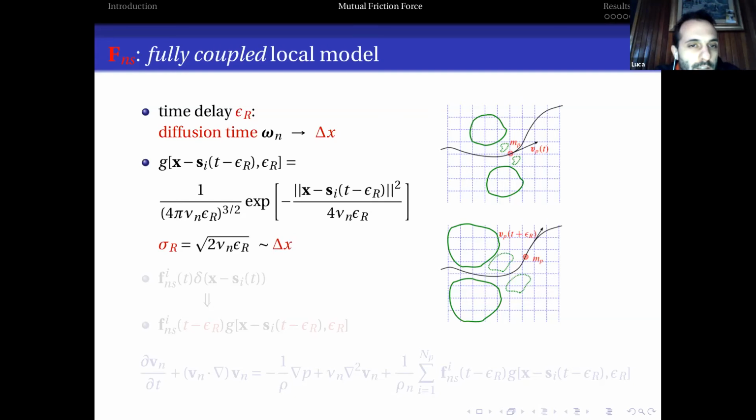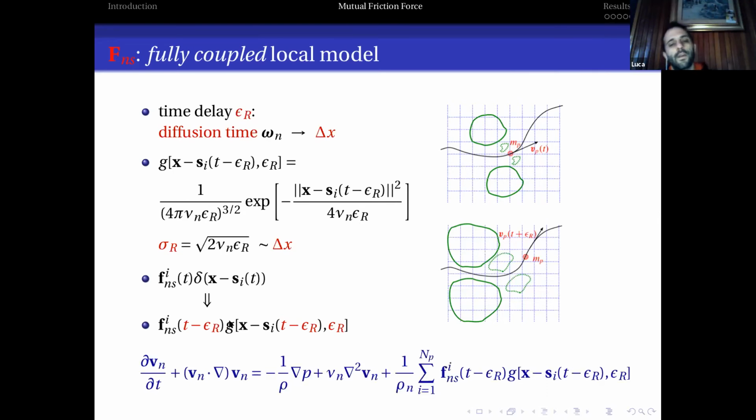In this case, we use the fundamental solution of the diffusion equation to regularize the solution. The mutual friction force, which is delta-shaped on the superfluid vortices, gets regularized by this Gaussian, the fundamental solution of the diffusion equation, by means of this time delay.